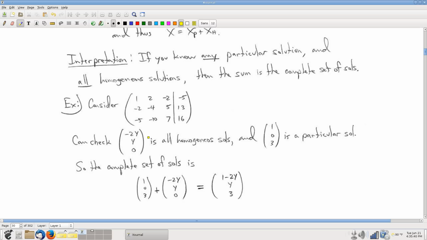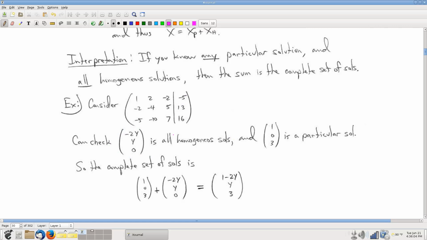One is if you were to turn all of these numbers into zeros, and row reduce to find the solutions, those would be the homogeneous solutions, and that is something you can directly confirm.